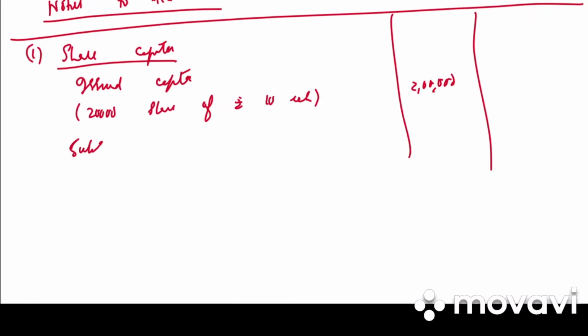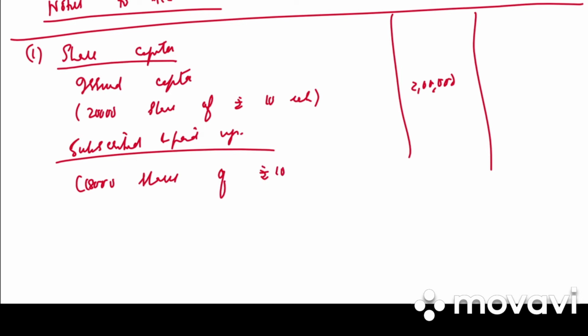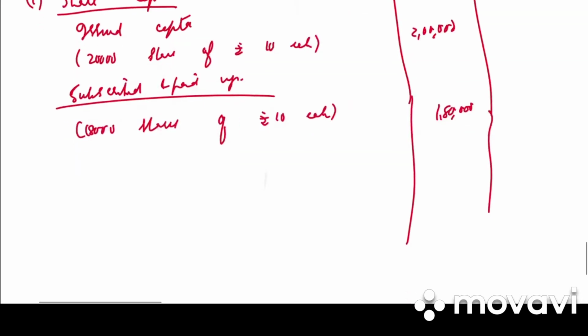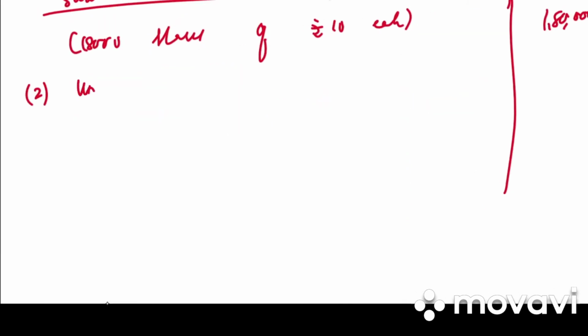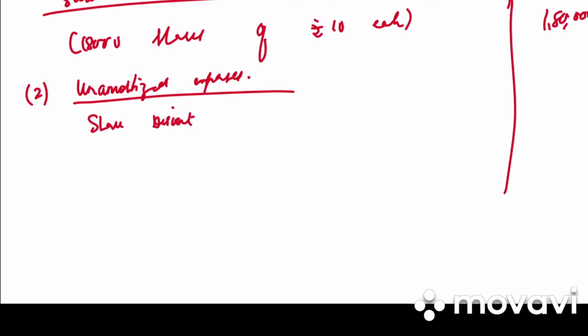Next we have subscribed and paid up capital, 18,000 shares of rupees 10 each, that is 1,80,000. Second we have unamortized expenses. Our discount, share expenses, all these will come under the heading unamortized expenses. So we have share discount. How much is it? 18,000.